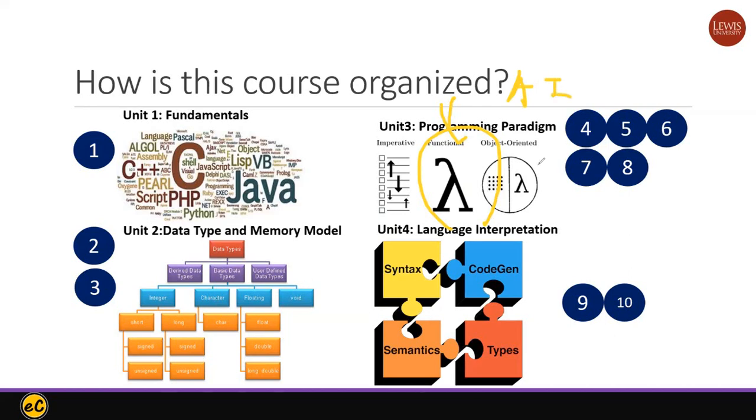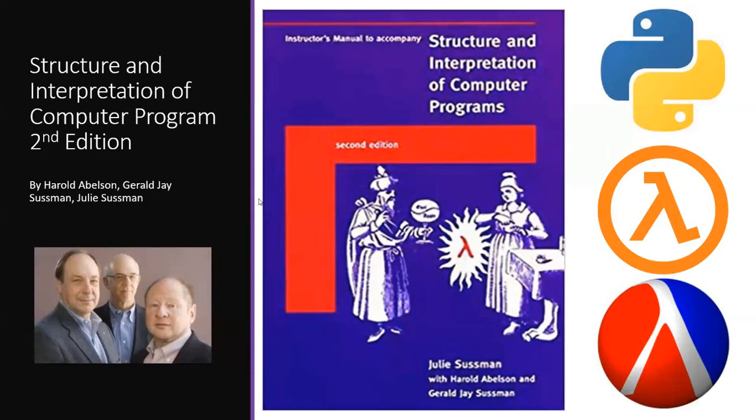After you know about different programming paradigms and the memory, we talk about how a language is being translated. This portion is the compiler, basic compiler theory, but not implementing it. We are not a course to design the compiler itself, but we teach you how it is done. Okay, this is how this course is organized.